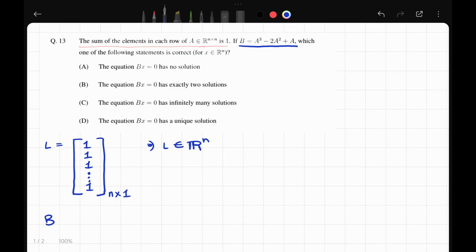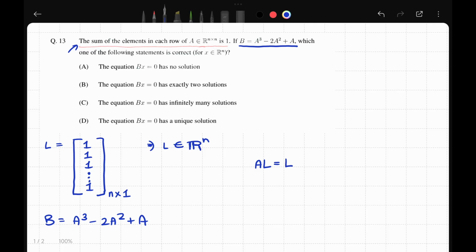So B is given to be A cube minus 2A square plus A. Before that, they have also mentioned that the sum of elements in each row is 1, right? So from this L that we have considered, we can write this statement as AL equals L. Why?